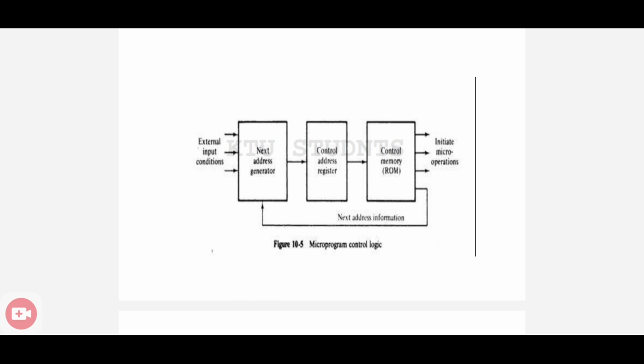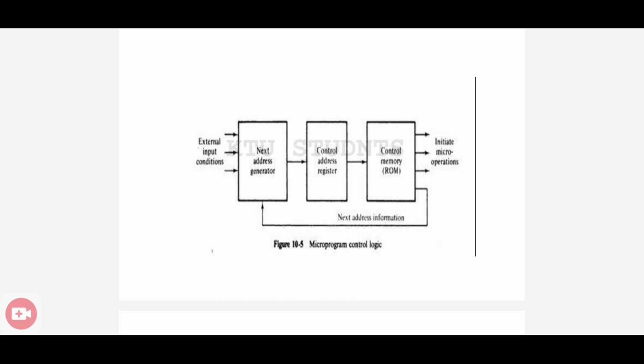The sequence of these micro instructions is known as a microprogram, which initiates micro operations. The output of the control memory is fed back to the next address generator, which also accesses external input conditions.